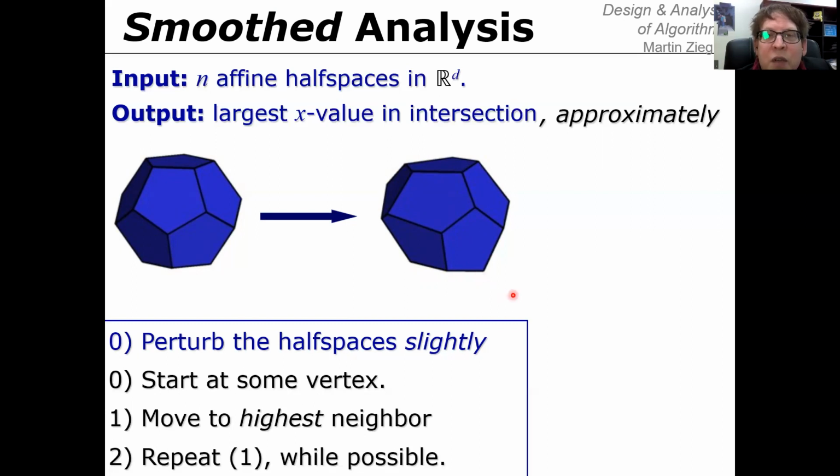But trust me that when we perturb the half spaces slightly, then in higher dimensions the combinatorial structure may also change, and the family of paths from the lowest to the top vertex will in general be different from the family of paths here. And this is where the new simplex algorithm comes into play.